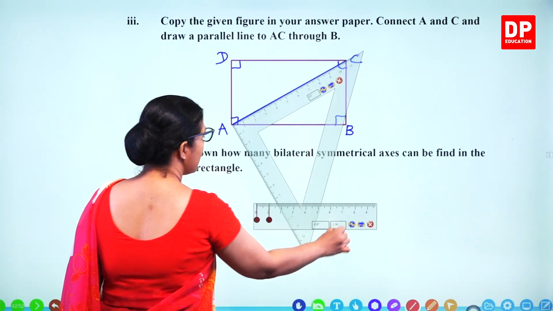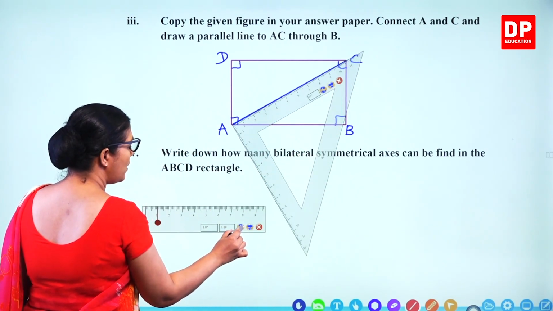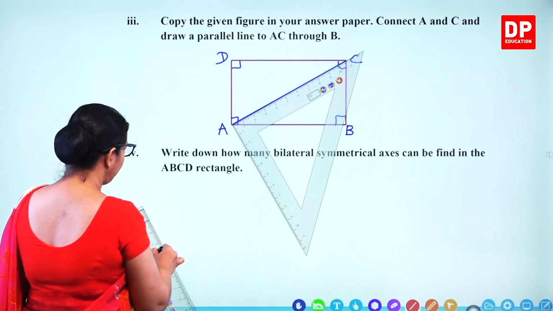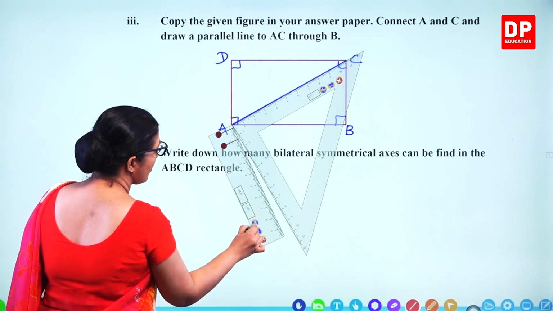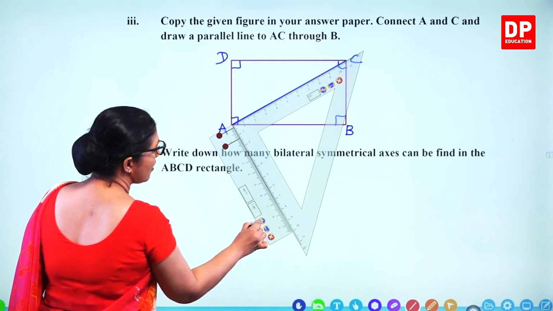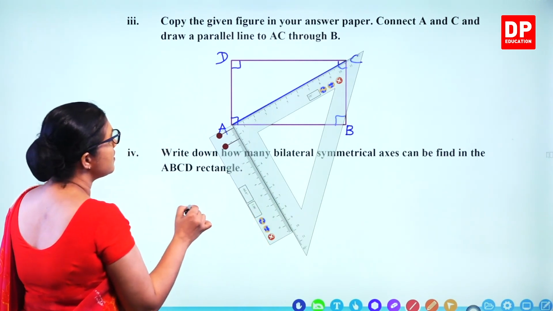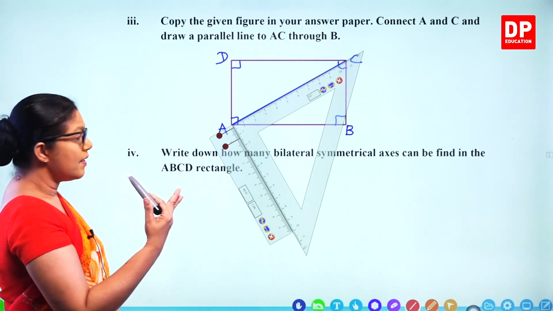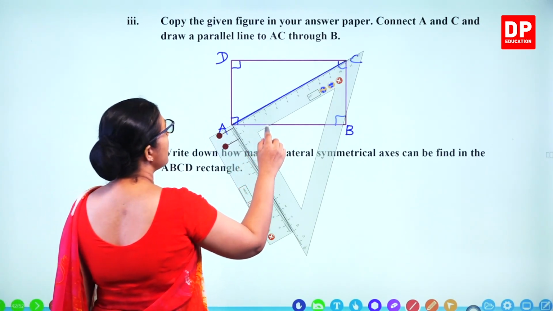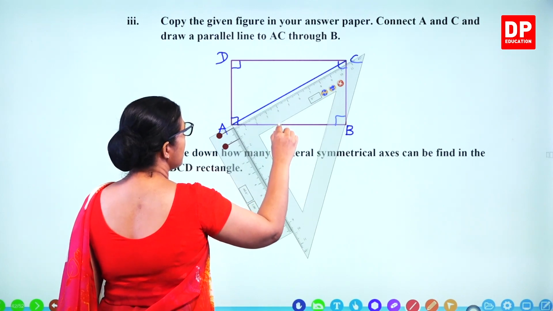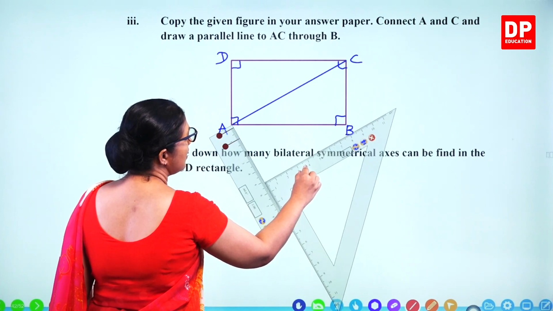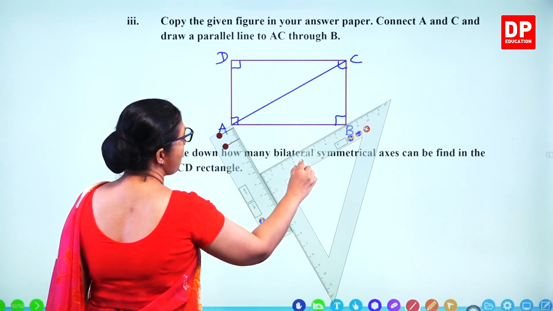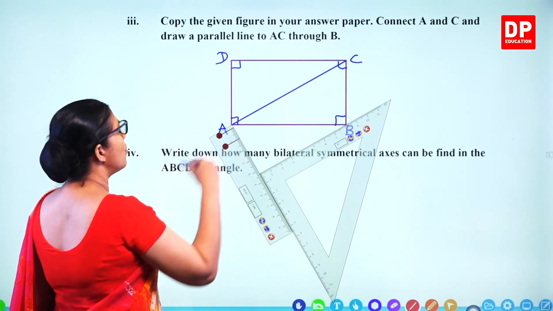And then we can keep the ruler on this side together with the set square, and we can drag down so that it passes through B and parallel to AC.